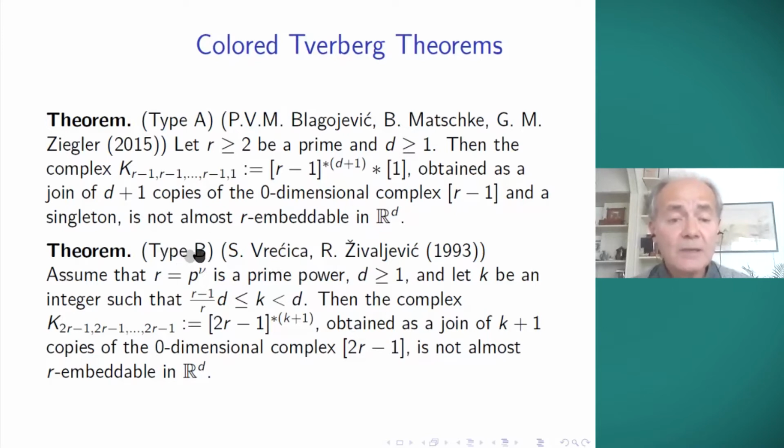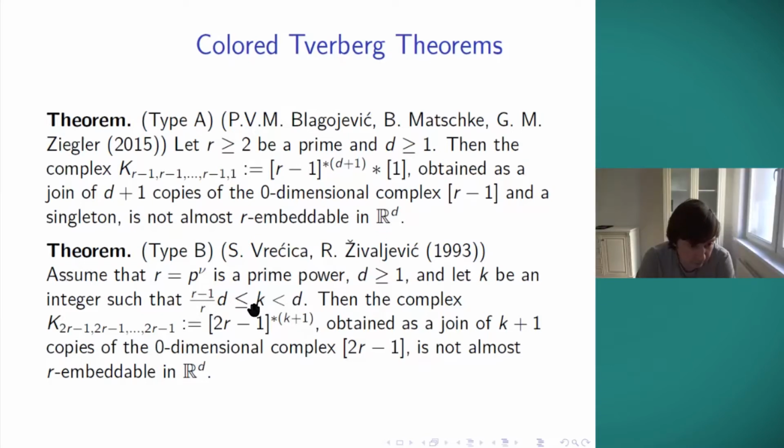Here is the type B theorem proved by Siniša Vrećica, my Belgrade colleague and friend, and myself in 1993. Now here in the type A theorem, the assumption is that the overlap number must be a prime. Here the overlap number is a prime power. And here you have an additional condition.